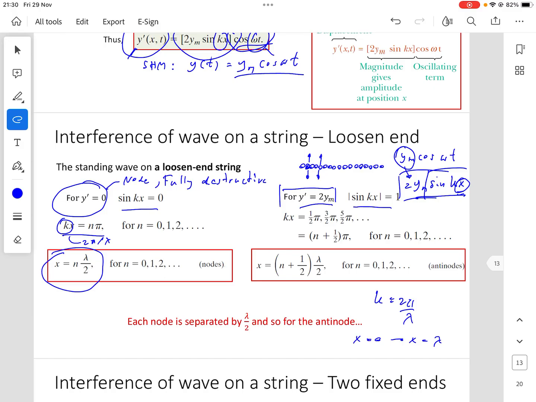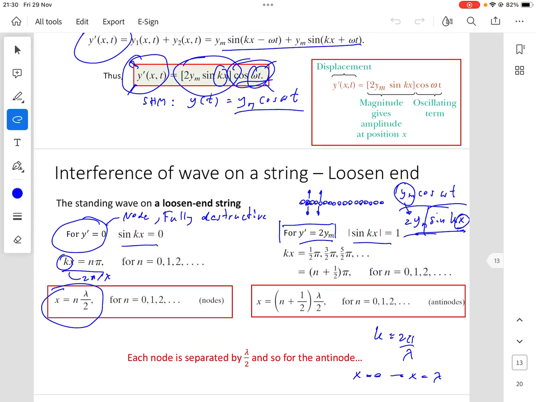So kx equals half pi, or 3 pi divided by 2, 5 pi divided by 2, and so on. You can get the same form for the antinode position. In this case you get antinode, or fully constructive interference, right?